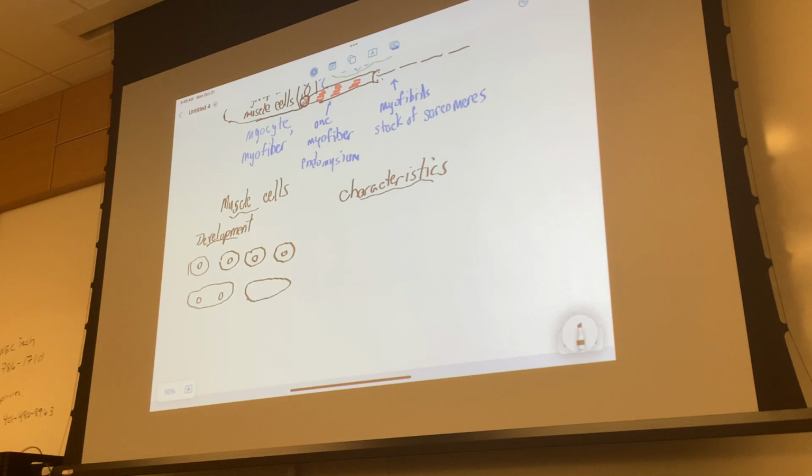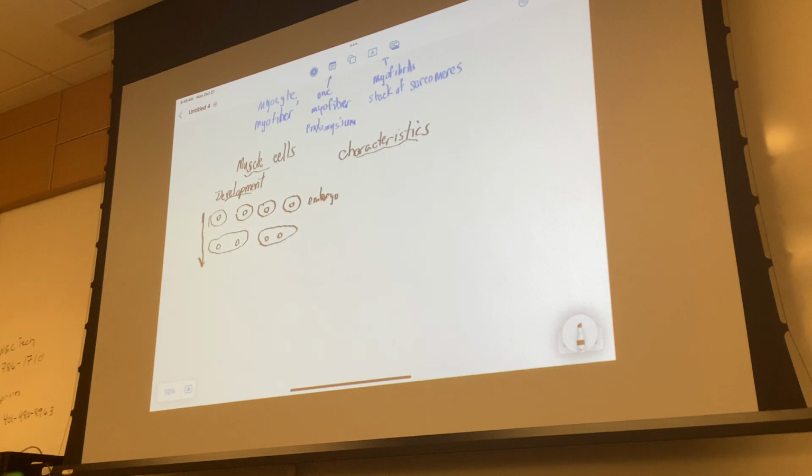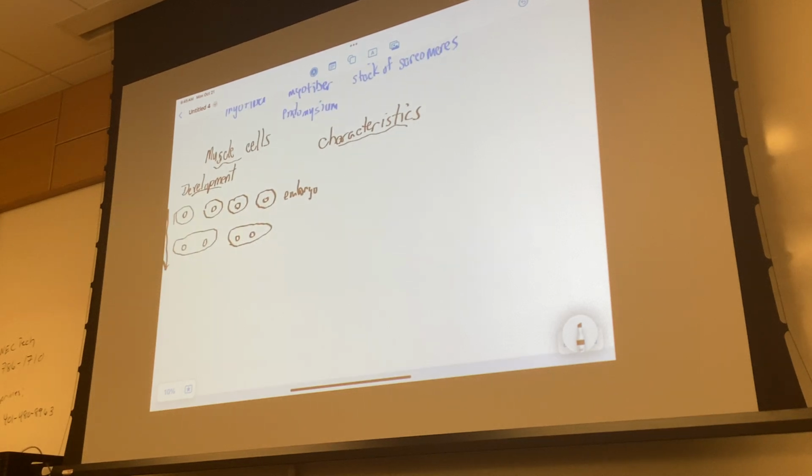What I've done here is this is in the developing embryo, so very early on in the individual's life. And what I have here is a very different cell.